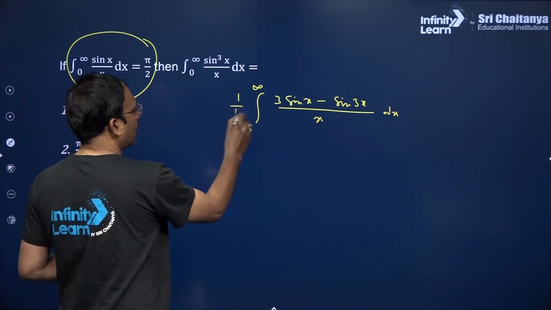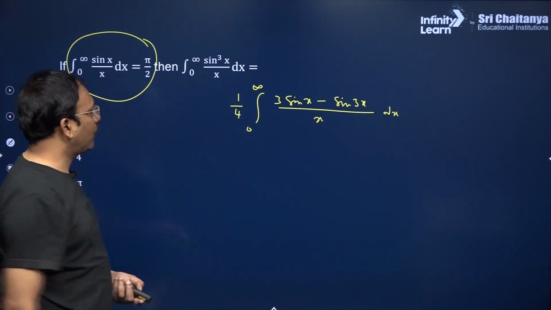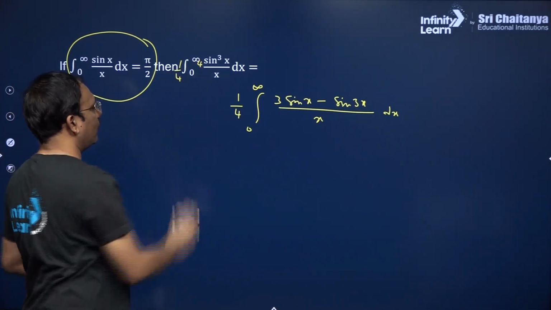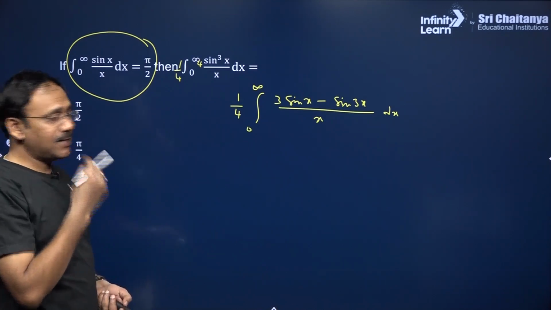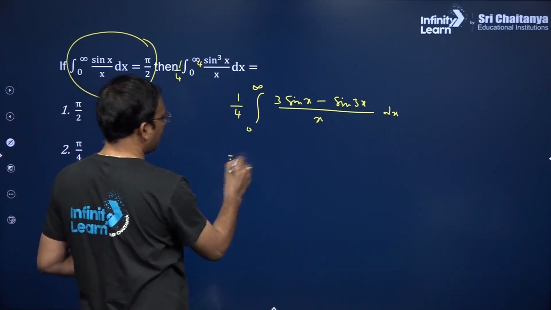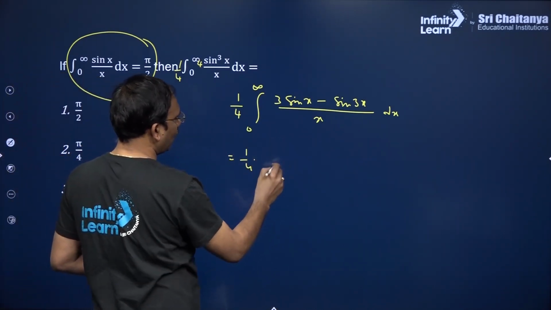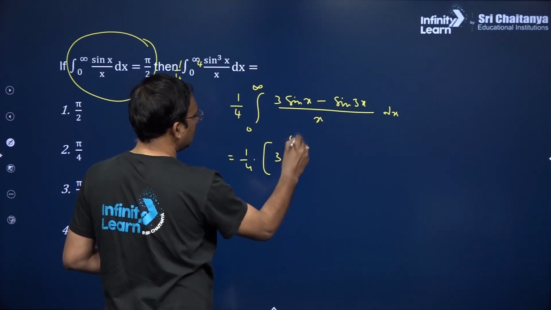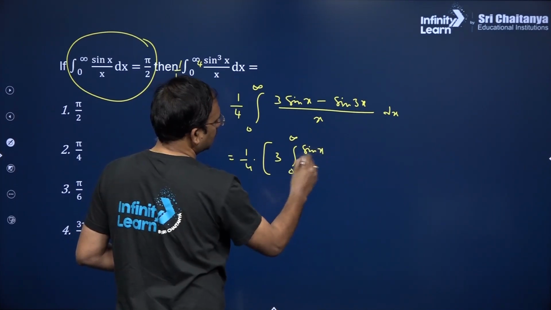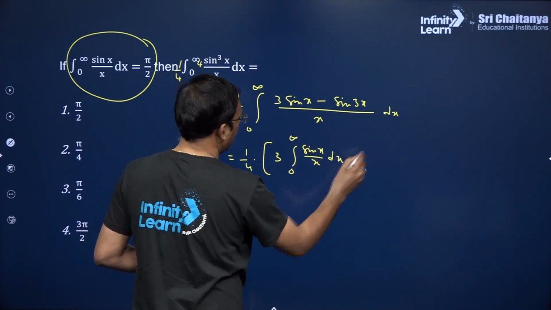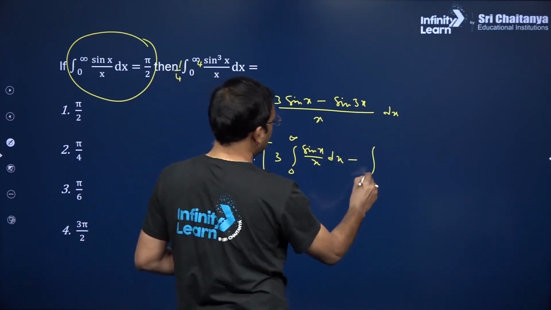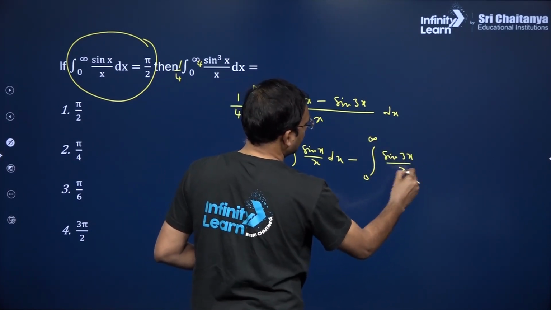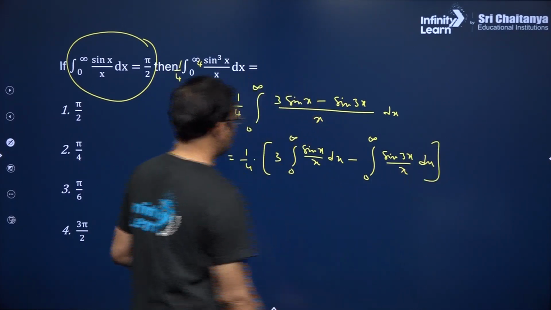So you can write 1 by 4 here and supply 4 here, you can write 3 sin x minus sin 3x. Now you just separate, my dear friends: 1 by 4 into 3 times integral 0 to infinity sin x by x dx minus integral 0 to infinity sin 3x by x dx.